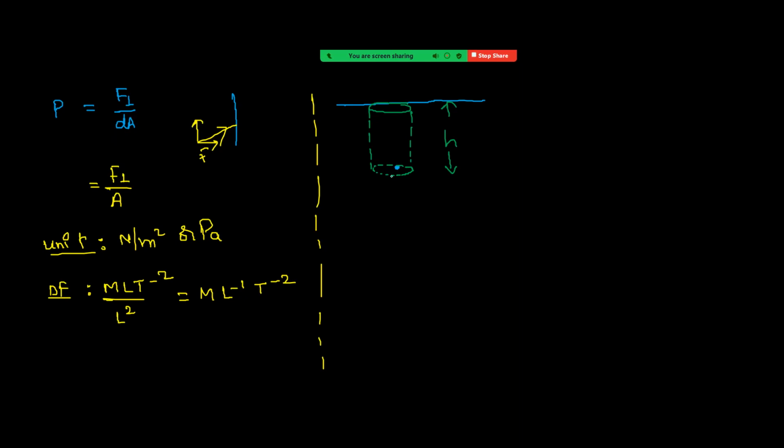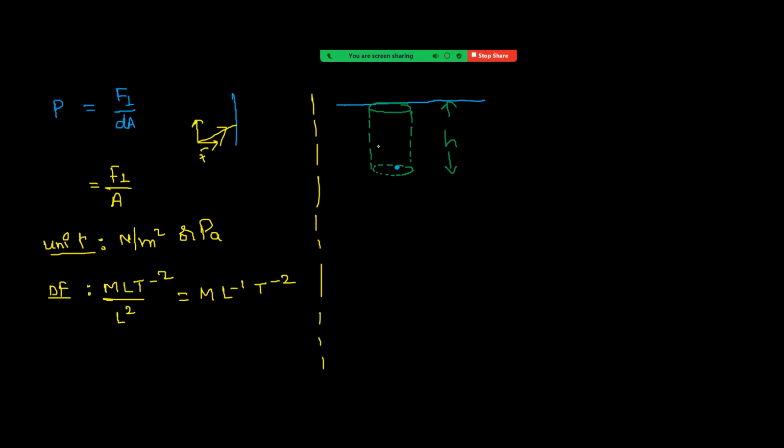So if you take a base here, the net force acting on the base, on this plane, you can see this plane is stationary. So on this plane, the net force will be zero. That means the force on the top surface and the force from the bottom both have the same magnitude, but the directions are opposite.